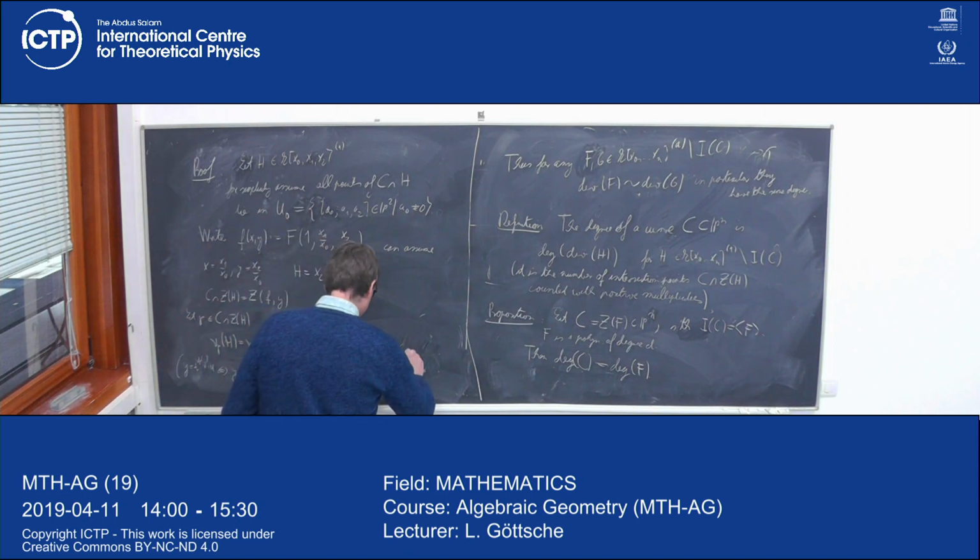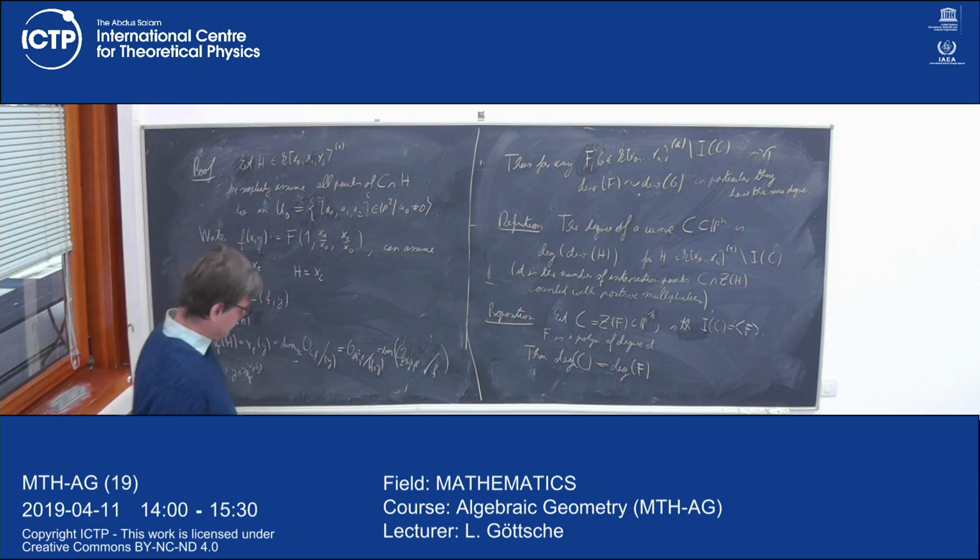So this would be the local ring of C of y at p, the dimension of this, divided by f.